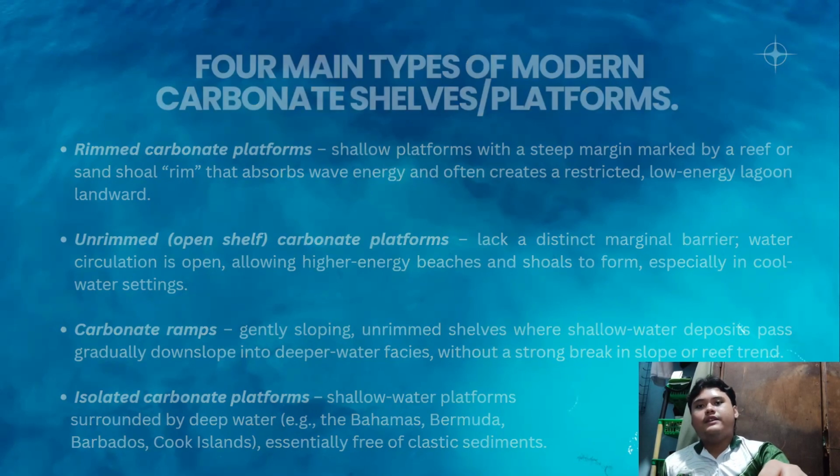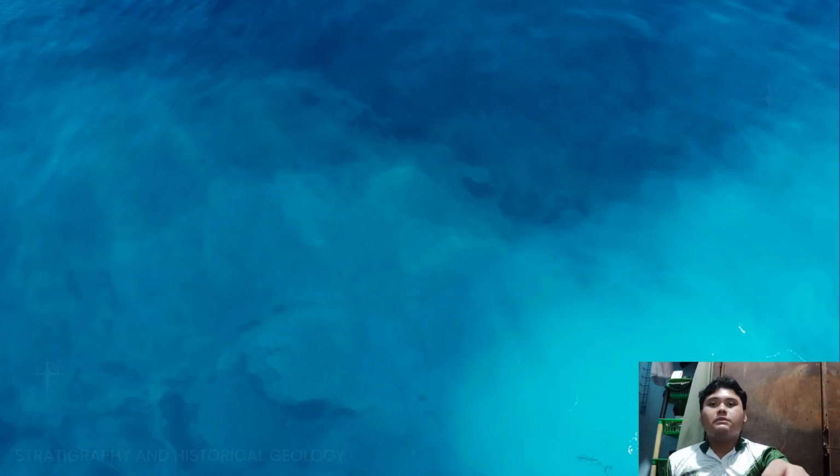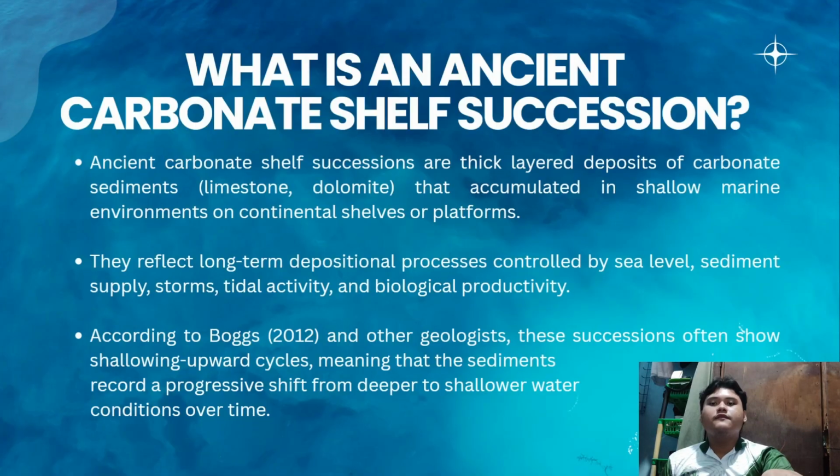Next, we have here the ancient carbonate shelf succession. An ancient carbonate shelf succession is a sequence of layered rocks that formed in warm shallow seas where most sediments came from marine organisms instead of rivers, like corals, algae, shells, and also tiny creatures.